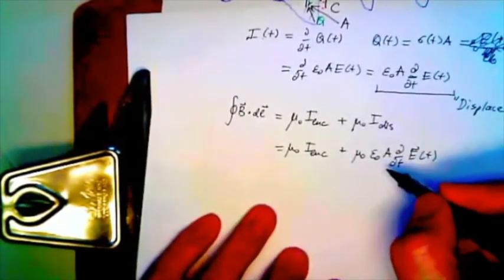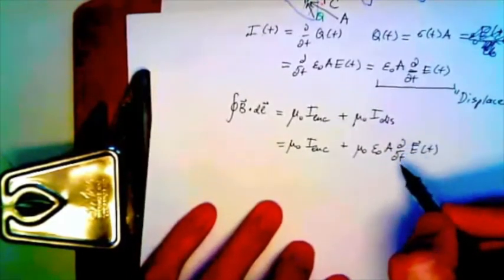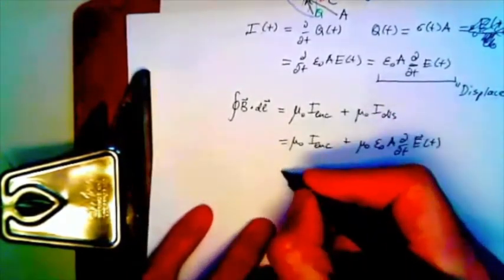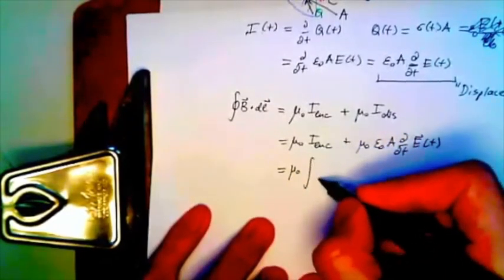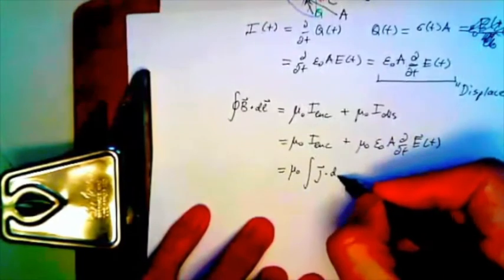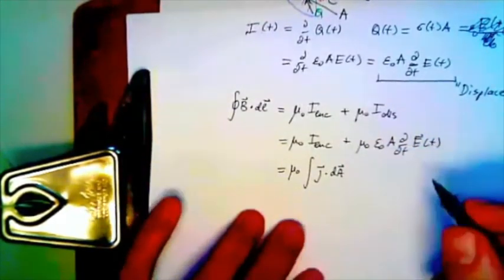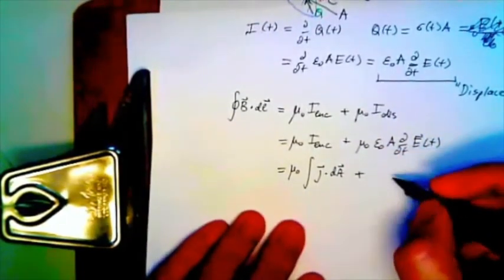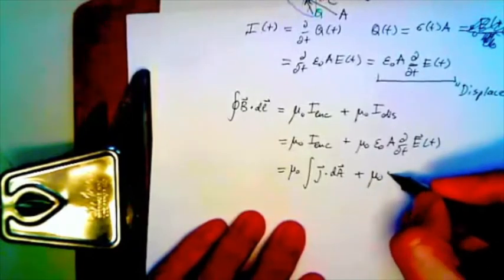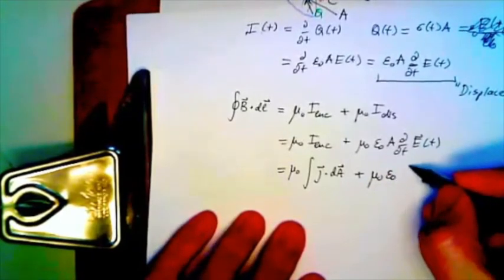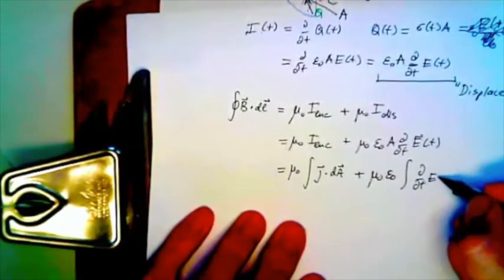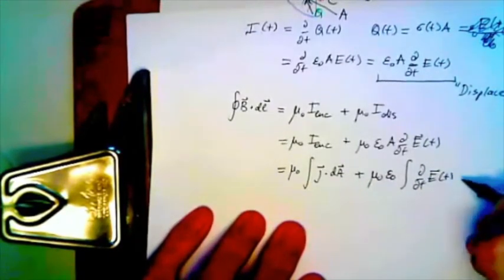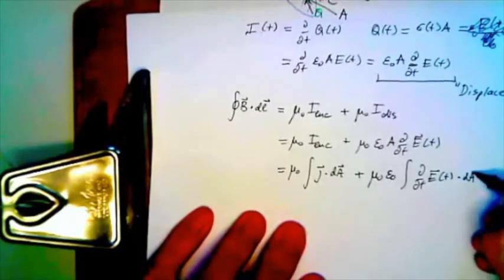And if we integrate that, so we generalize it, then we can write this as mu naught J dA. And we can do the same thing here, mu naught epsilon naught d/dt of E dA.